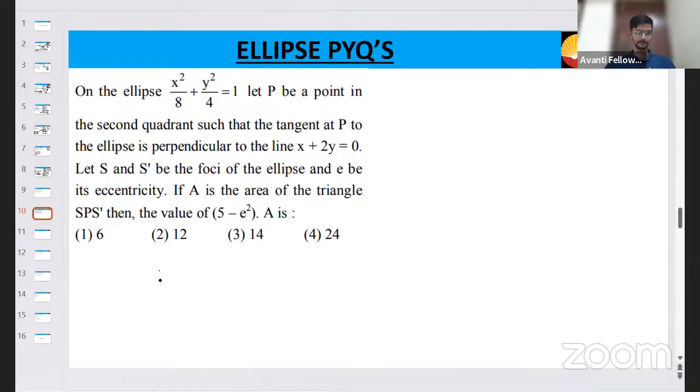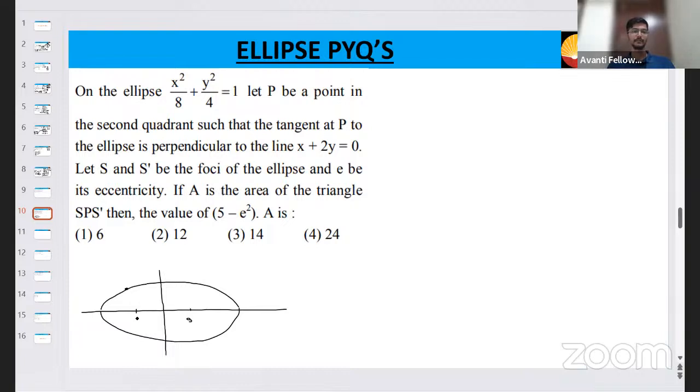So the ellipse is this. Point P is in the second quadrant. S and S dash are the foci.